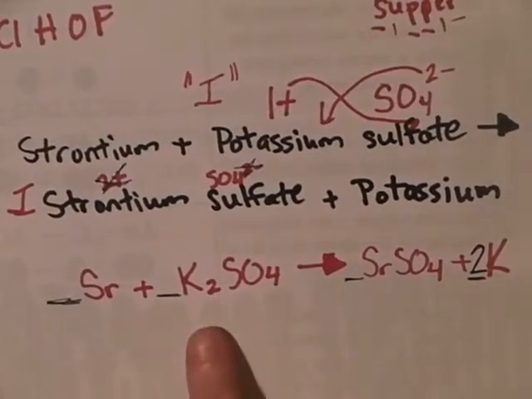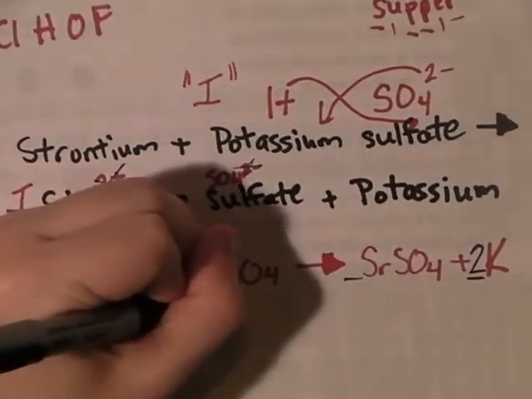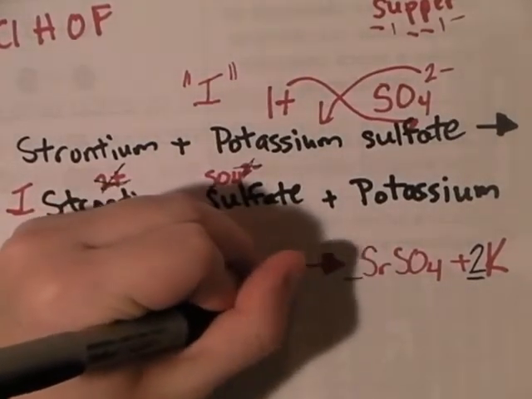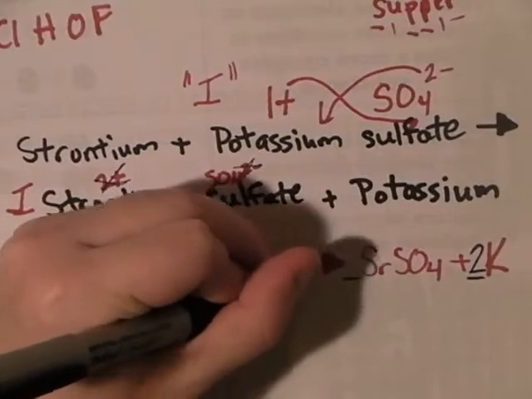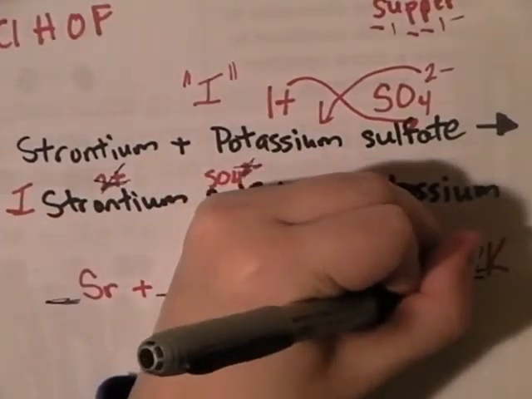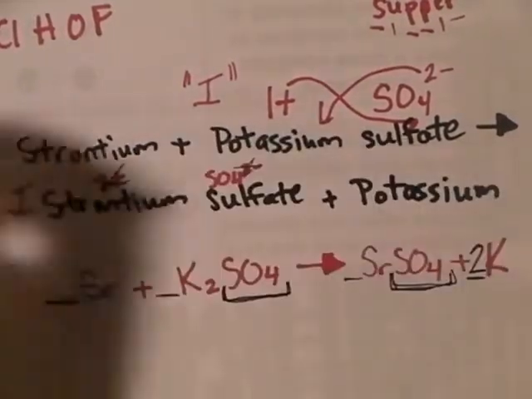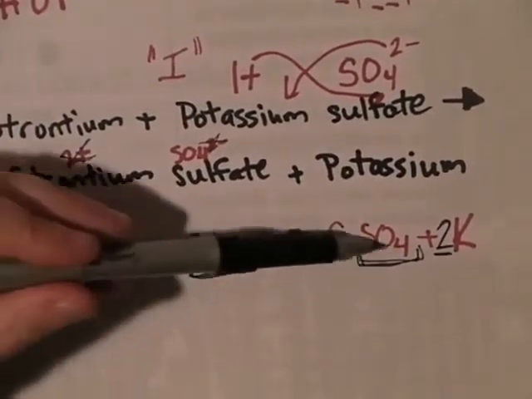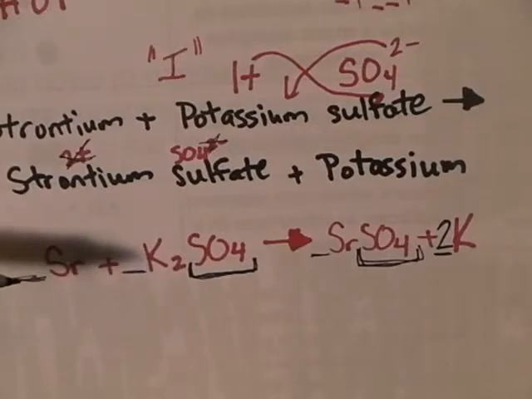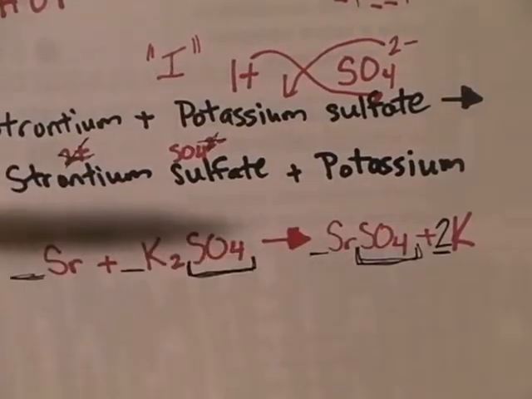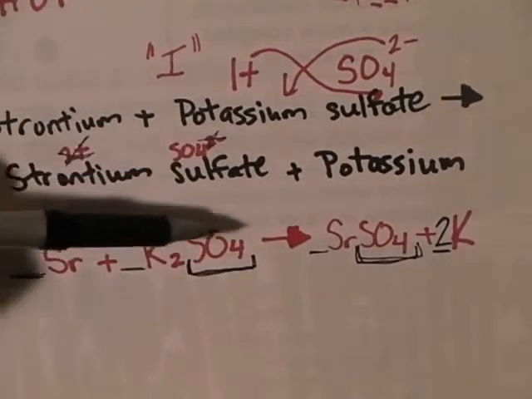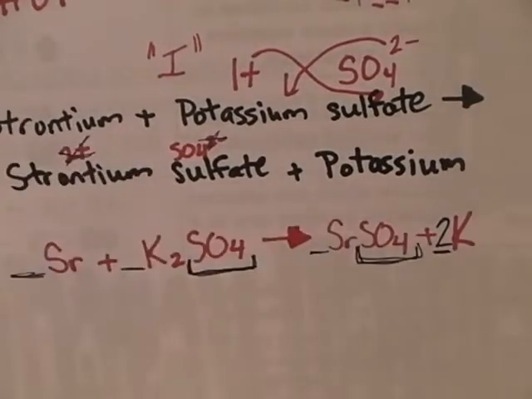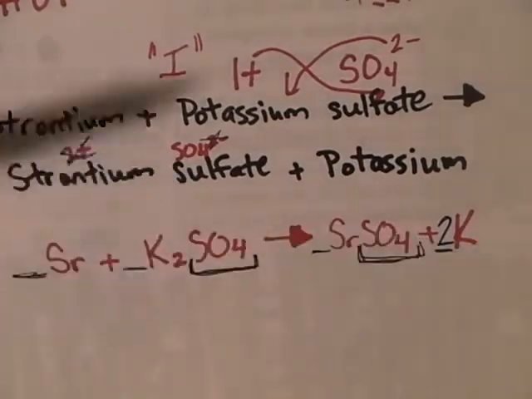So now 2Ks. Last thing to check, remember our rule from balancing. If the polyatomic ion stays together, treat it as just one thing, right? So we have SO4 and SO4. Sulfate stayed as sulfate, so don't break it up into sulfur and oxygen. Treat it as just one thing. 1 sulfate on this side and 1 sulfate on that side. So we're actually perfectly balanced just by adding that 2 right there.